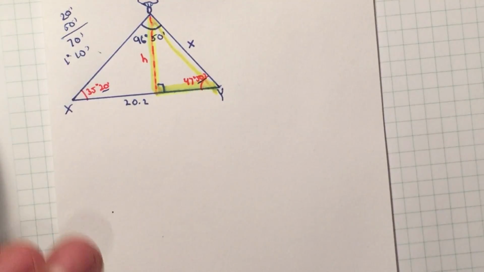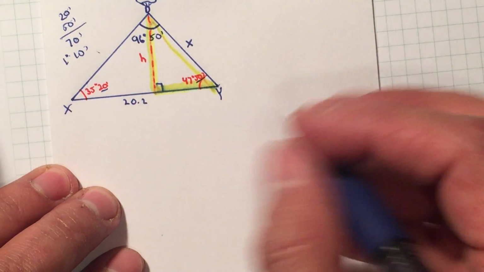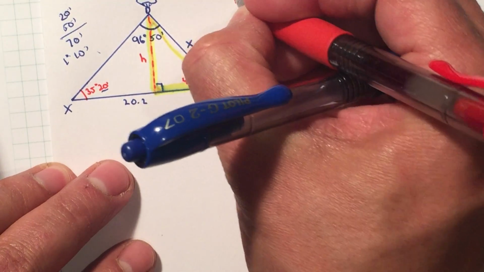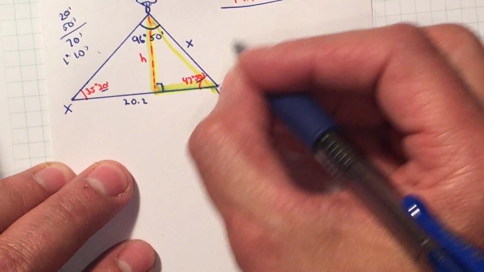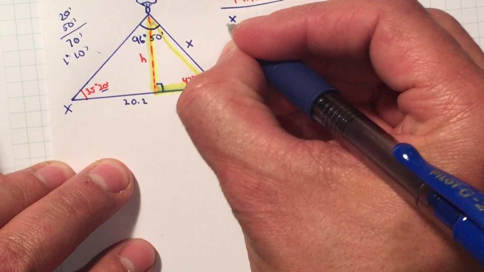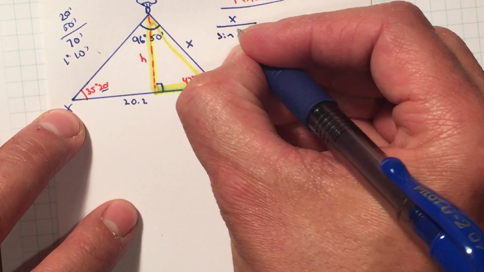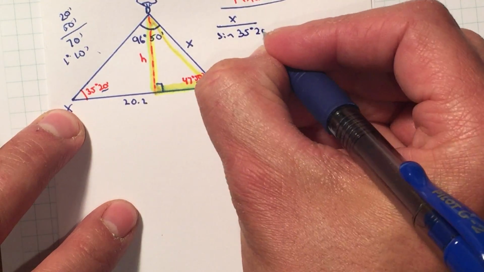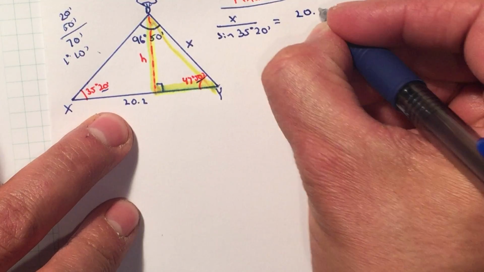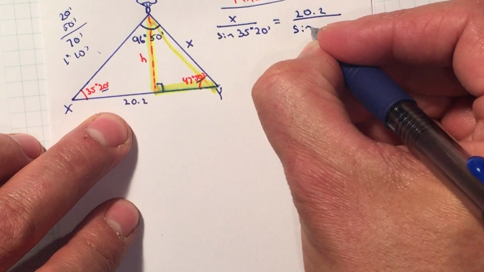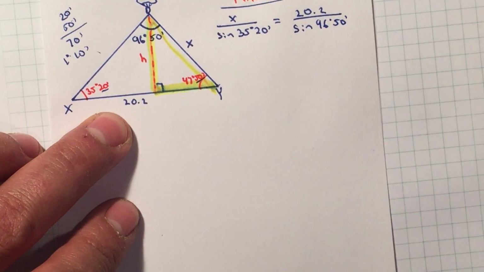So now I'm going to use my law of sines. Since I have the side and opposite angle, I can use the law of sines to find X. So it'll be X over the sine of the opposite angle, equal to 20.2 over the sine of the opposite angle, which is 96 degrees and 50 minutes.